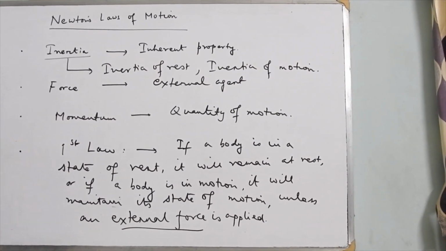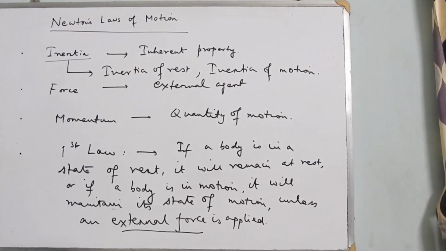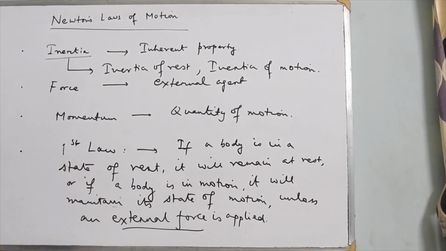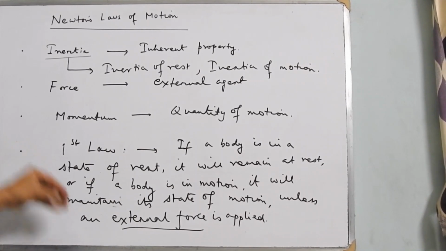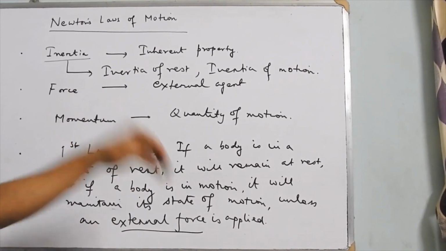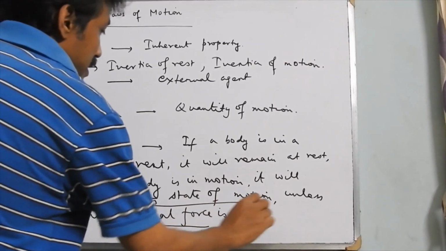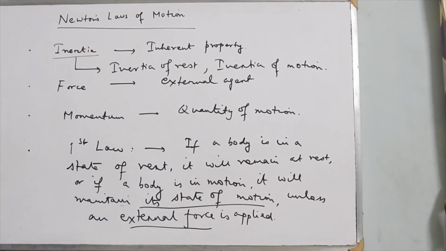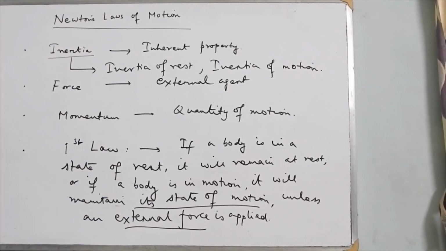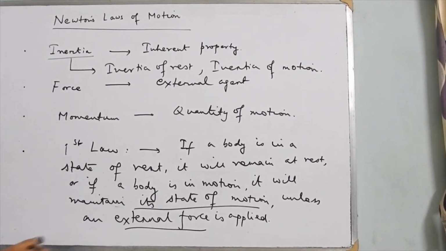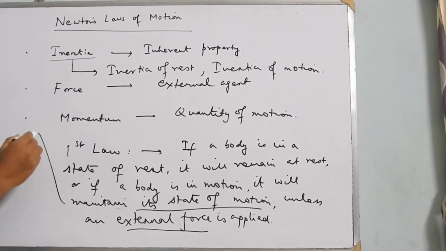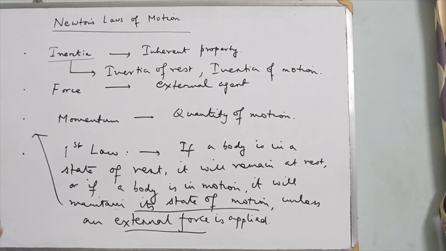So in the first law, if a body is in a state of rest, it will remain at rest. If a body is in motion, it will maintain its state of motion. Now saying that it maintains its state of motion means that it continues in its state of motion, which is nothing but uniform motion.